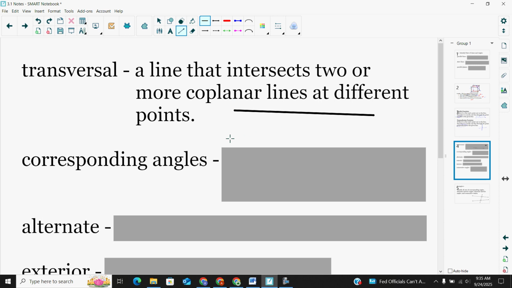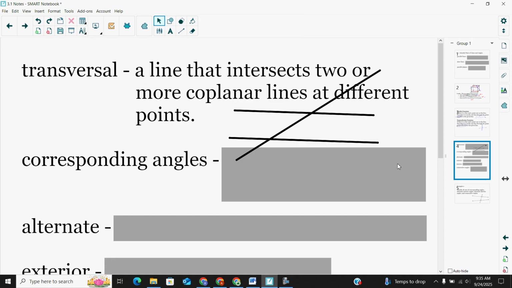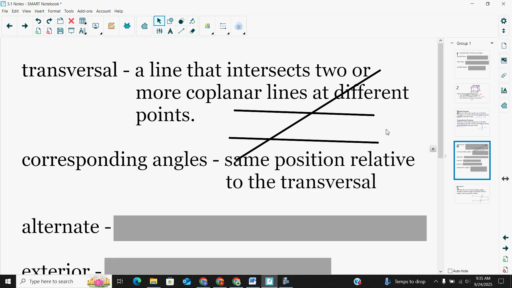When we have a transversal, we are going to have a bunch of different types of angles. So I've got a transversal cutting through two given lines. Corresponding angles are in the same position relative to the transversal. So I've got my two lines with the transversal.